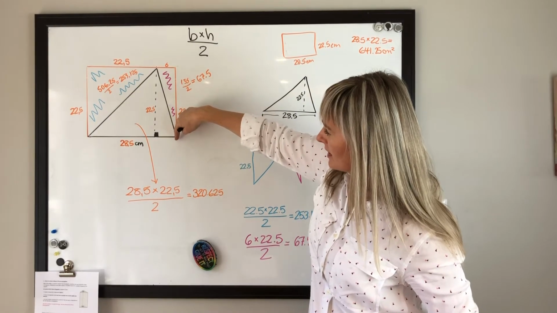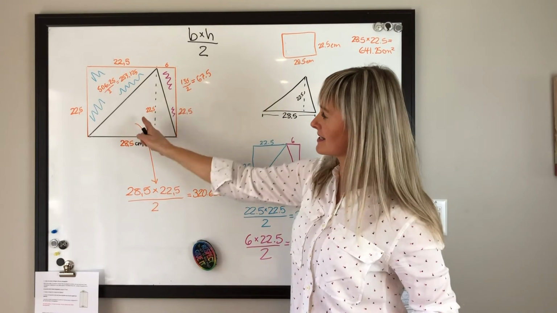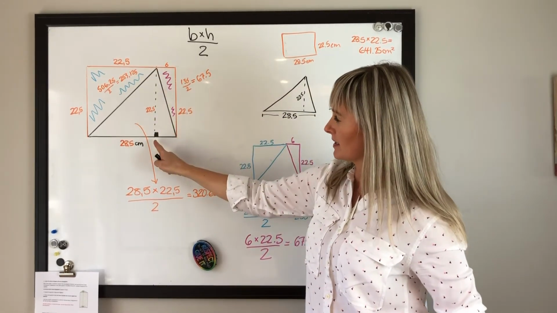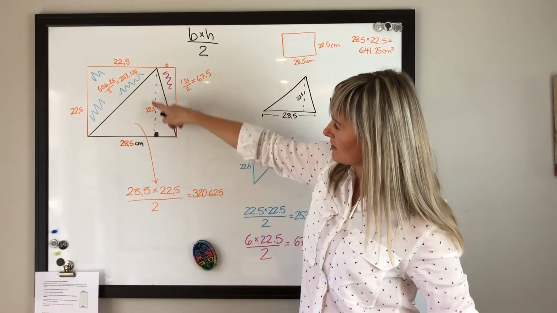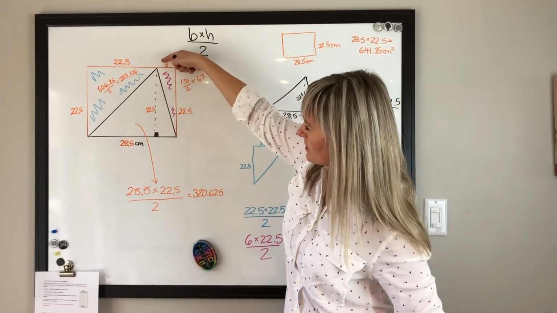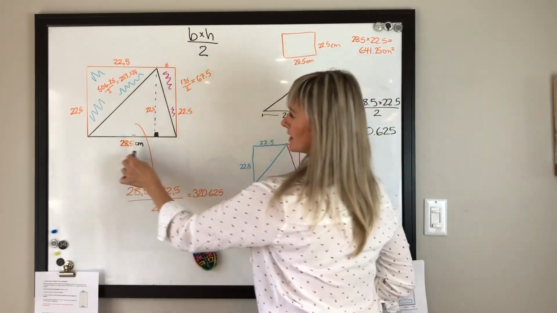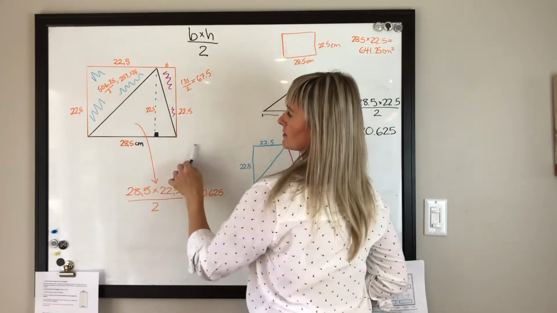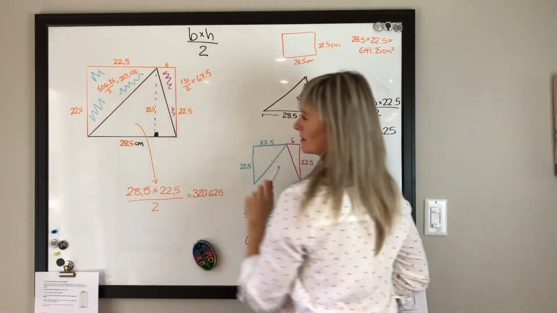So we make a 90-degree angle right here, whoop, and we measure this. Well, of course, it's going to be exactly the same as this because they're both at 90 degrees. They both go straight up, and they both measure the entire distance from the base to the top of the triangle. So 22.5 is our measurement here. So if we do 28.5 times 22.5, we're doing the same thing we did with the triangle, except we don't divide it by 2.